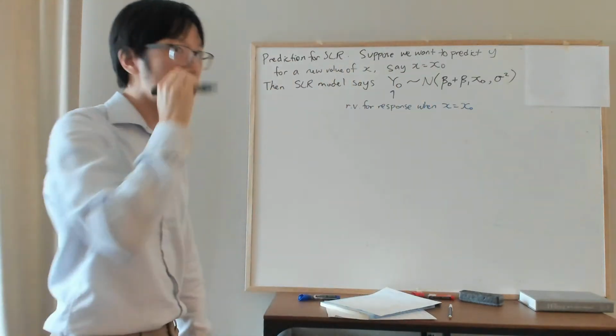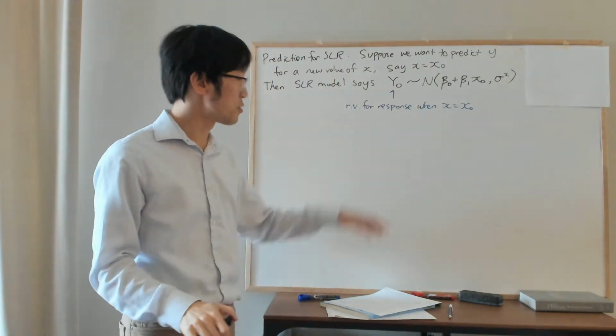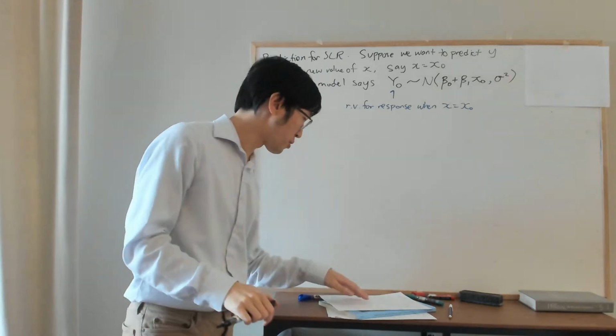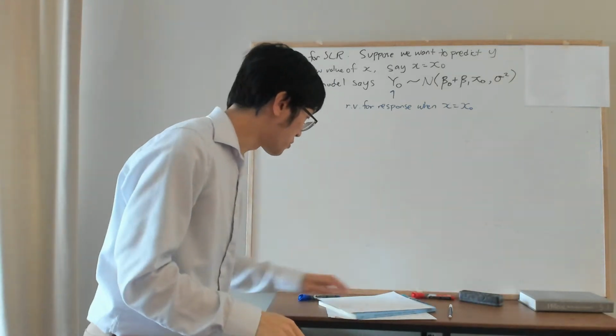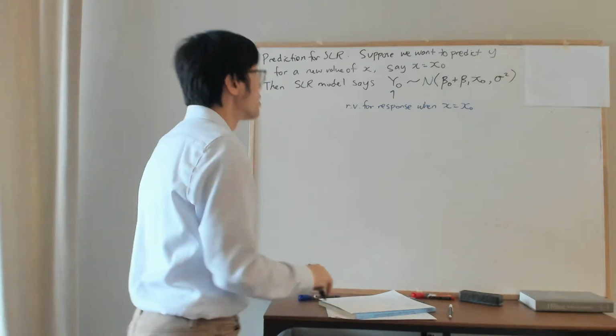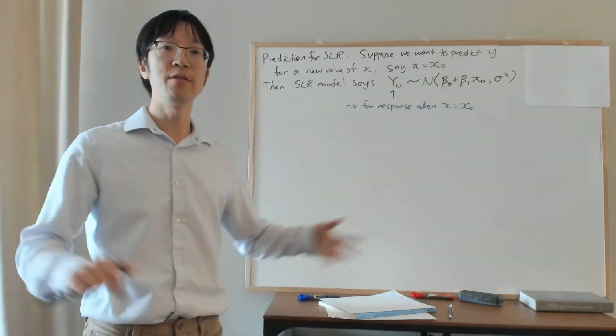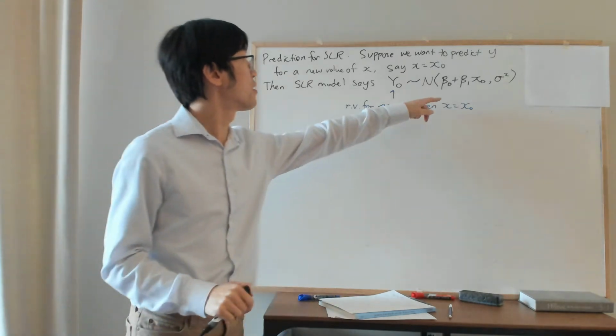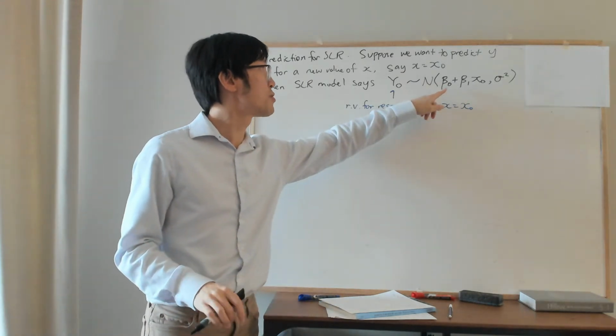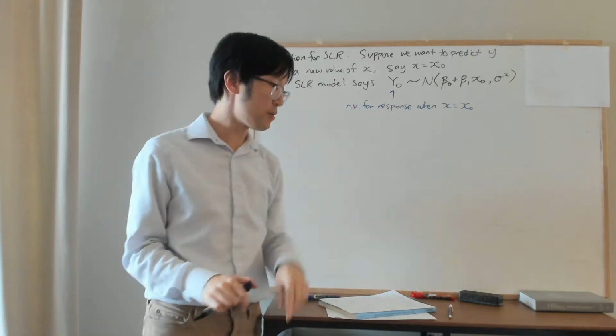Great, so that's what the model would look like based on what we'll be talking about in these few lectures. Okay, so that's the model, and then we have fitted the model from n data points. Last time we talked about our estimates beta 0 hat and beta 1 hat.